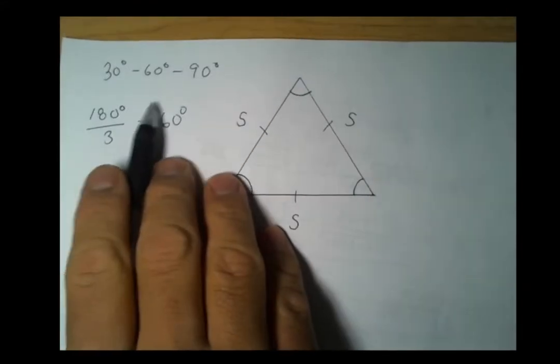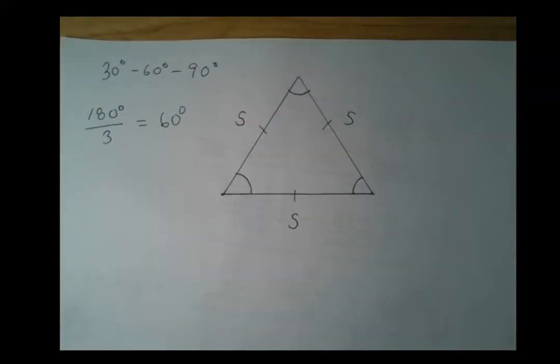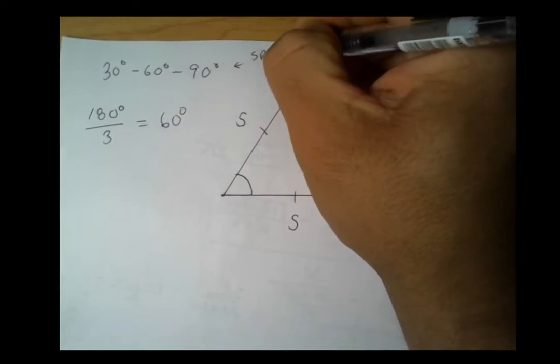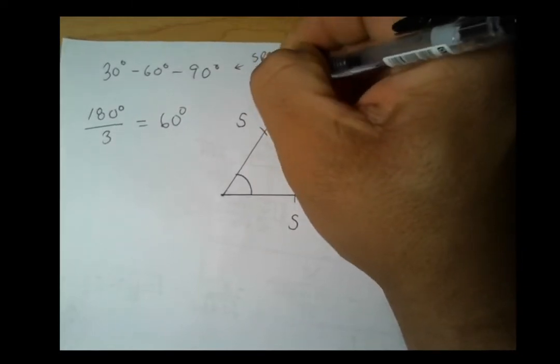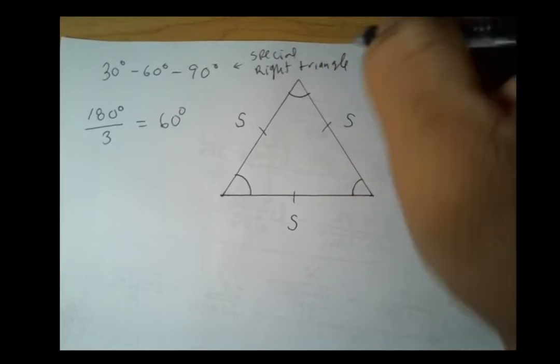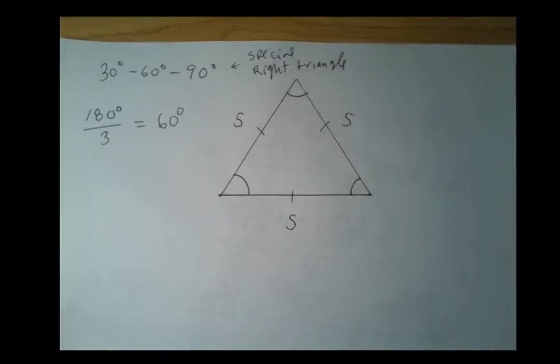Now, where does this 30, 60, 90 triangle come from? Again, a 30, 60, 90 triangle is a special right triangle. Now, we don't have that here. We have an equilateral triangle. A right triangle property is that it has an angle of 90 degrees.